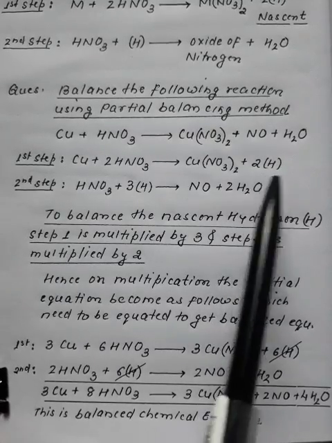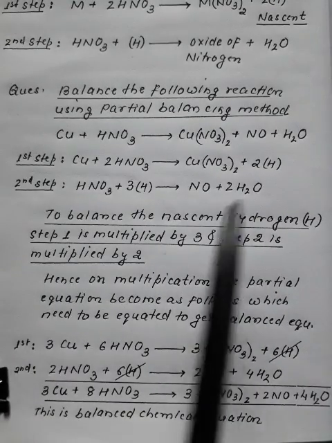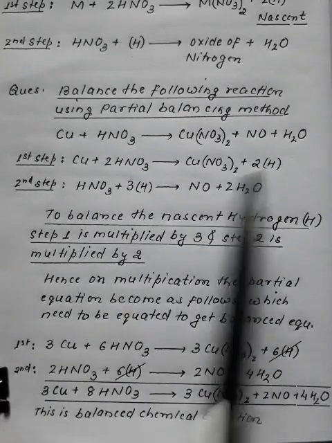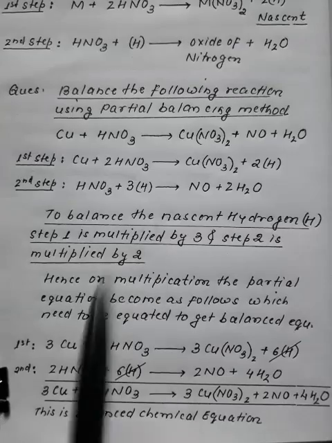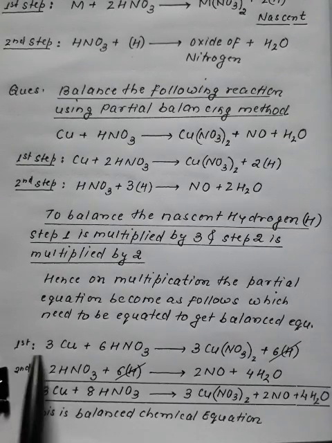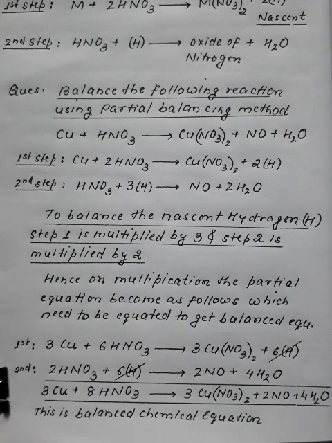Since hydrogen produced and hydrogen used are different, we have cross multiplied. Hydrogen produced is 2, hydrogen used is 3, therefore we have cross multiplied. After cross multiplication, these are the 2 cross multiplied steps. This is the first step cross multiplied, this is the second step cross multiplied, and when these cross multiplied steps are equated, we get the final balanced chemical equation based on partial balancing.